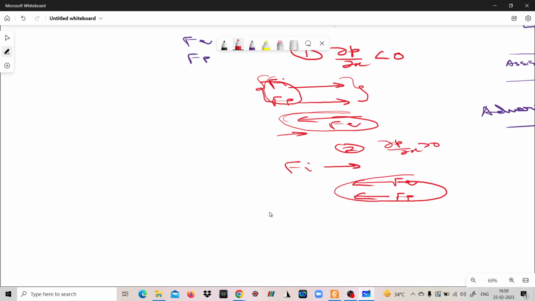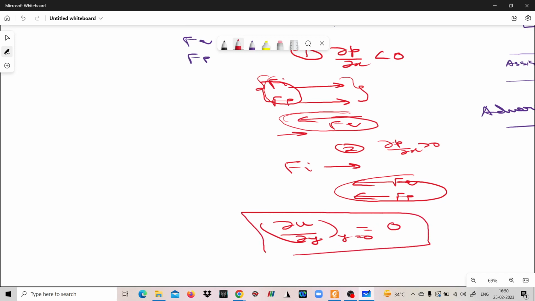That separation point is given by this equation: when del u by del y at y equal to 0 is equal to 0, we say it is the point of separation. So at the point of separation, the velocity gradient at the solid surface is equal to 0. Some books directly give you the condition del u by del y at y equal to 0 is equal to 0 at the point of separation, but you should understand the underlying physics, what is happening.